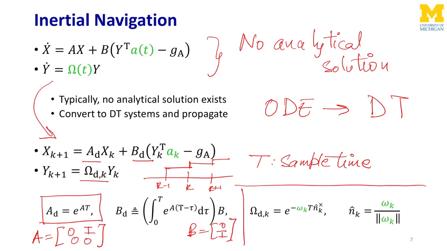And in that case, using the exact discretization technique, the corresponding A matrix, or omega D matrix in this case, is given by this expression. So exponential of whatever this matrix is.